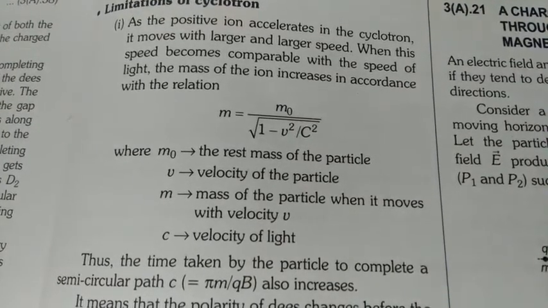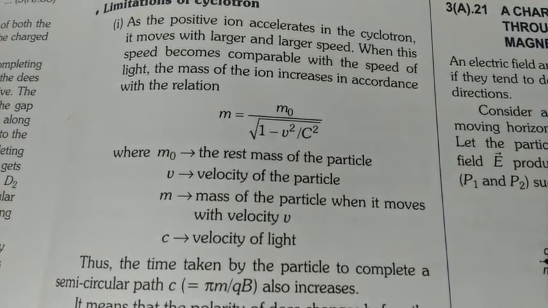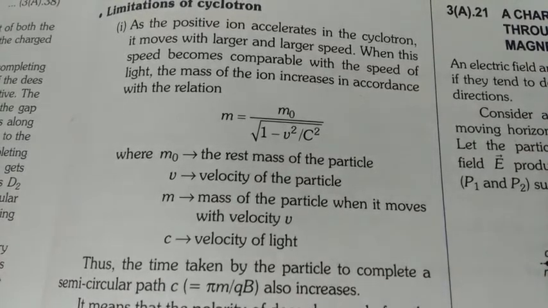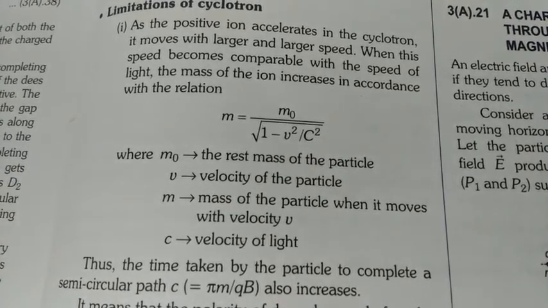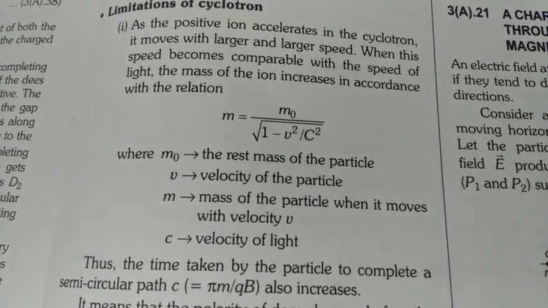Because there is one assumption that nothing can move with a speed higher than light. So if any object reaches the speed of light, and you give more energy, the speed will not increase but the mass starts increasing.